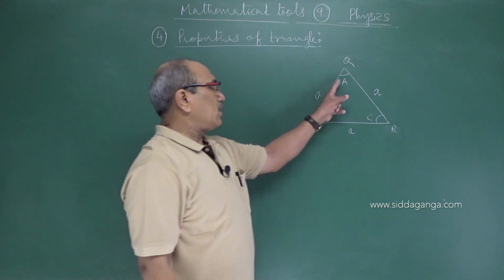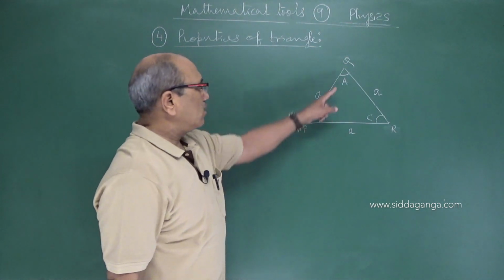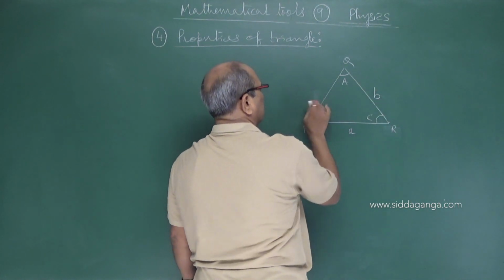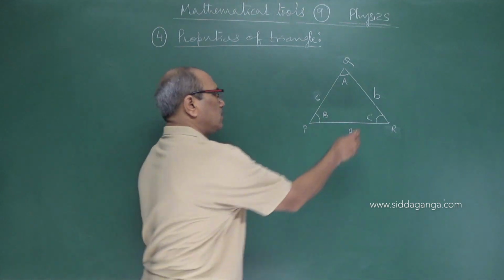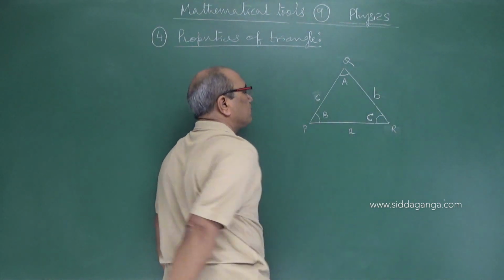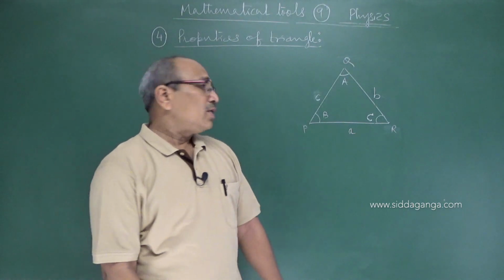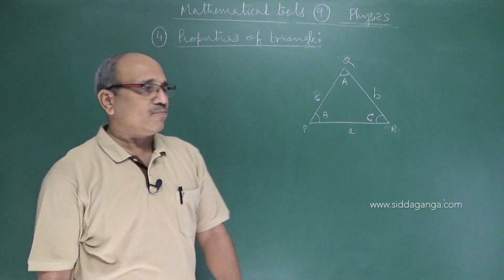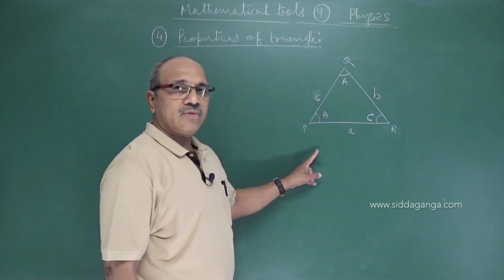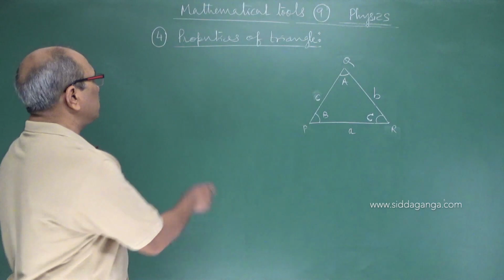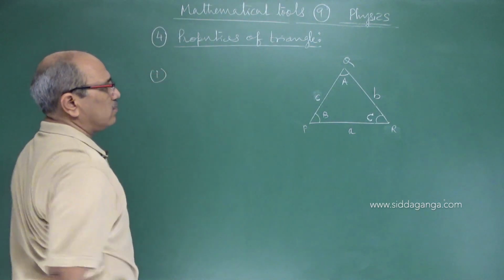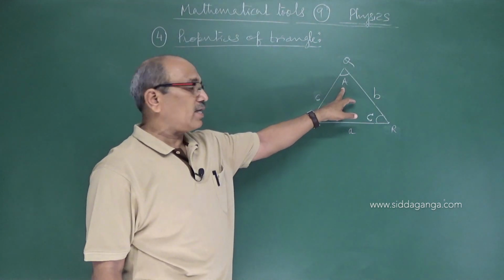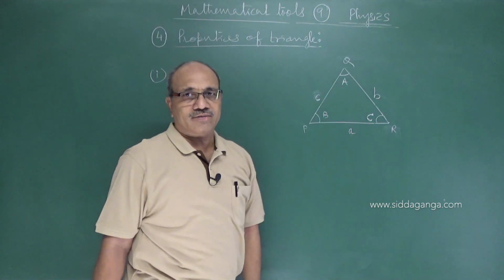So you are seeing the three angles A, B, and C. Opposite to A is side a, opposite to B is b, opposite to C is small c. This is a capital C taken. In a triangle, you have learnt many things. One property you know: the ratio of the side to the sine of the opposite angle is always a constant.